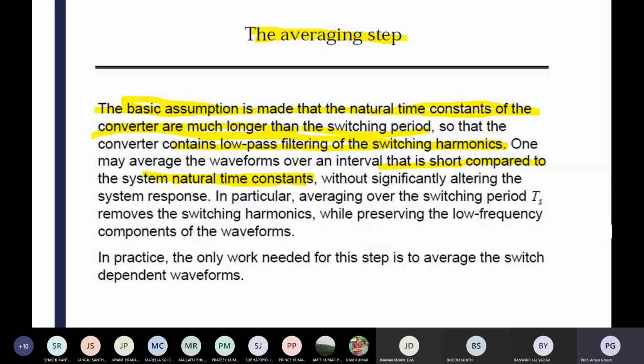If the overshoot is high, consider the path of the trajectory. In my last class I told you about the phase plane, where one state variable is on the x-axis and another state variable is on the y-axis. The x variable means current or voltage, inductor current or capacitor voltage. If the controller parameter kp is high, then the trajectory will be different.